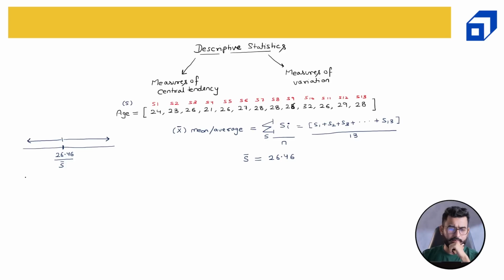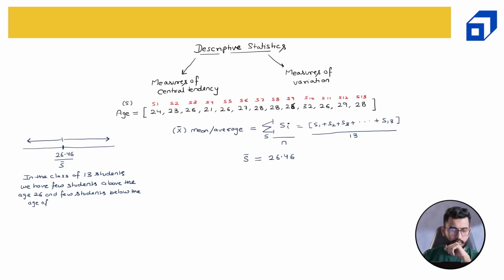We can conclude that in the class of 13 students, we have few students above the age of 26, and I'm just taking 26, and few students below the age of 26.